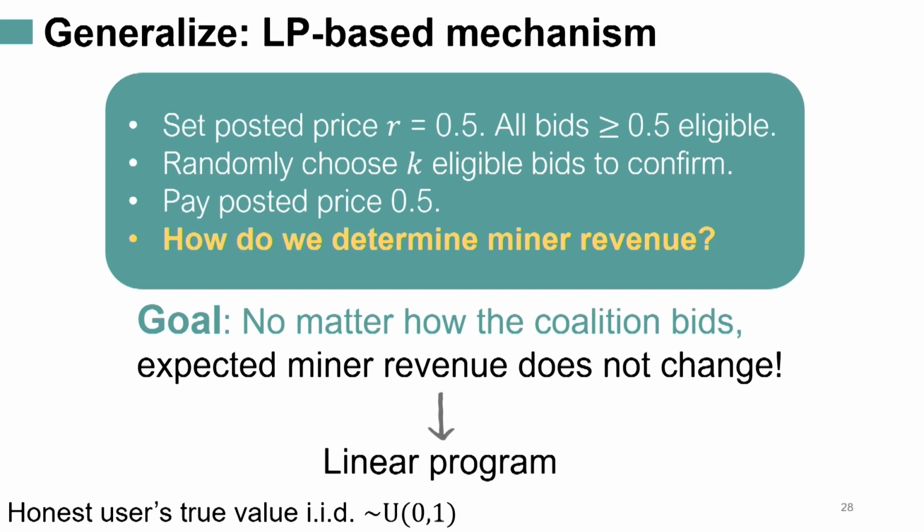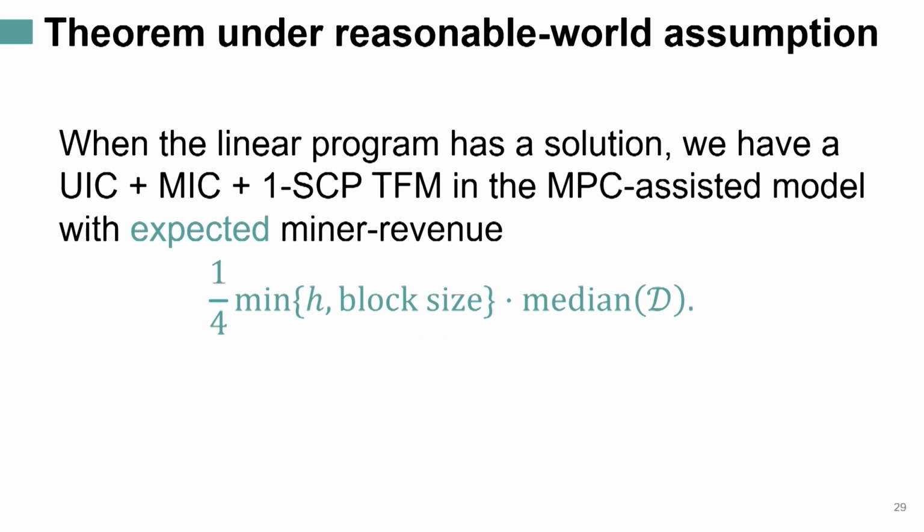Formally, as long as this linear program has a solution, we have a transaction fee mechanism that satisfies all three properties, and it achieves an expected miner revenue equal to 1/4 times the minimum of H and block size, where H is the lower bound on the number of honest users we have, times the median of distribution D. And we prove that this is asymptotically optimal.